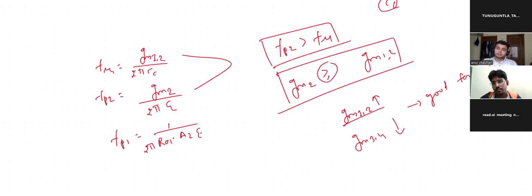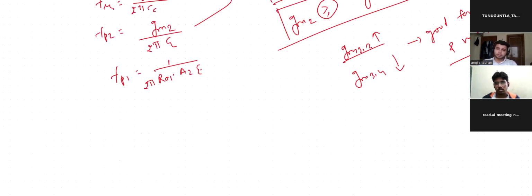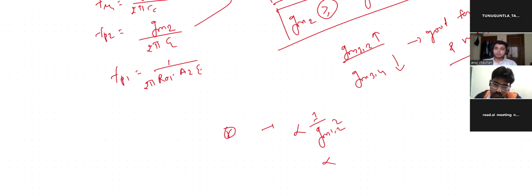The exact expression can be derived, but as of now roughly, for the input referred noise or input referred offset, the expression comes inversely proportional to GM of 1 and 2 squared, and directly proportional to GM of 3 and 4.